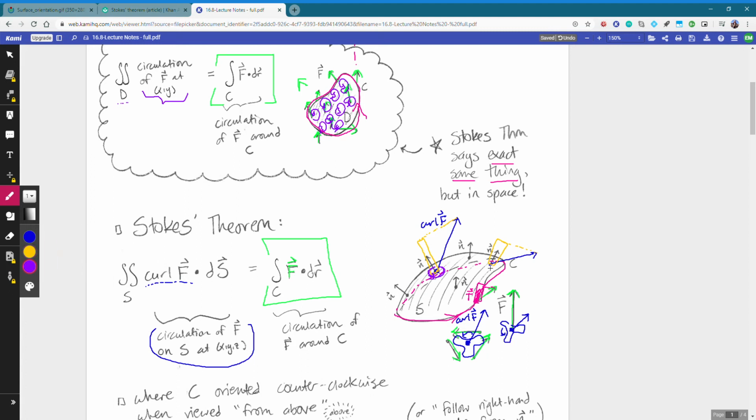And so it's going through, in other words, our surface and adding up the circulation at each point on our surface. And so we really do have the exact same idea going on here with Stokes' theorem as we did with Green's theorem.